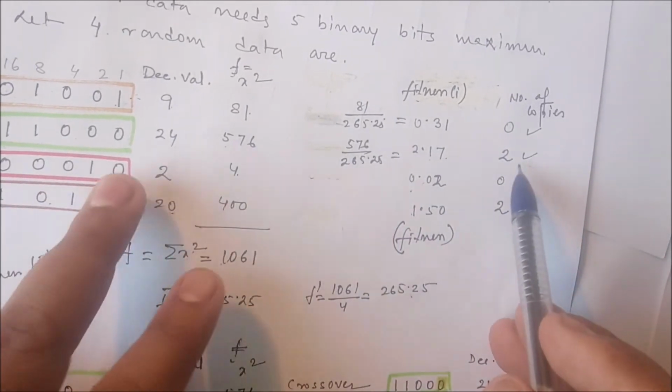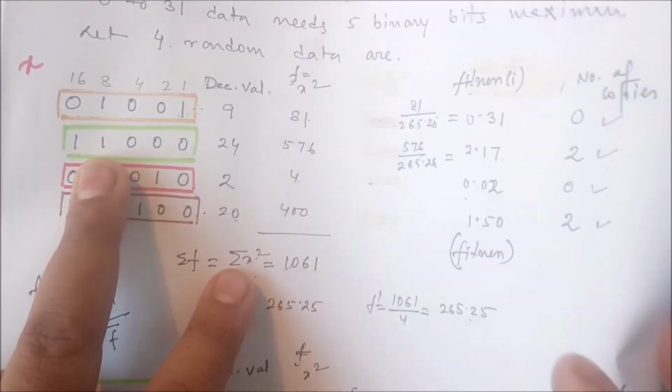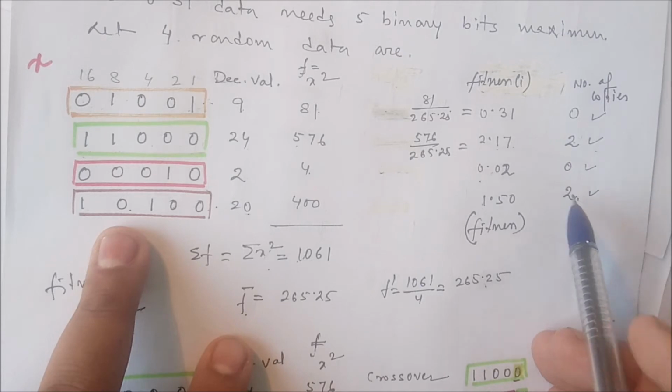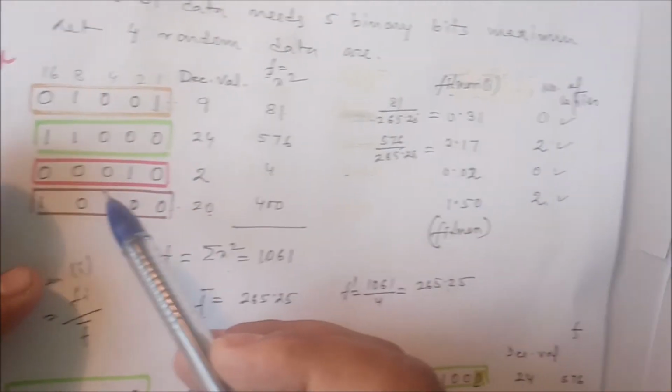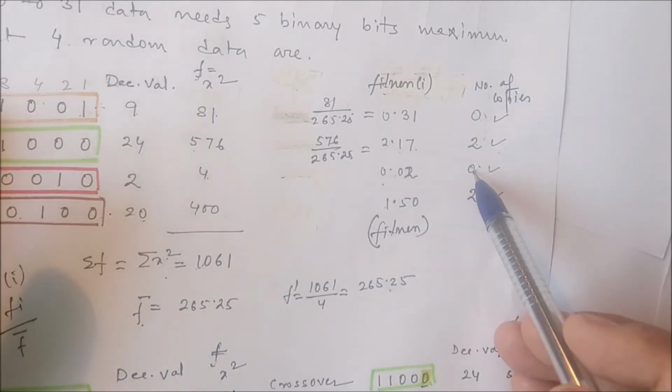That means we need 2 copies of this individual, we need 2 copies of this individual, and we should not select this chromosome and this chromosome, because for them the number of copies needed is 0.